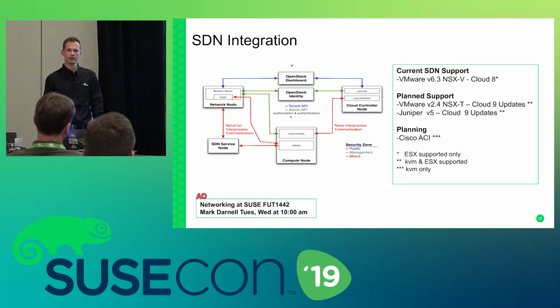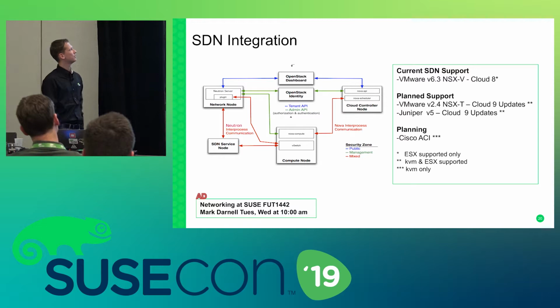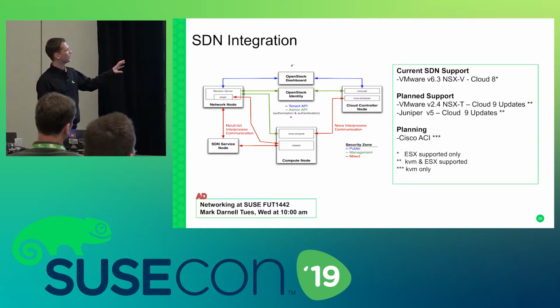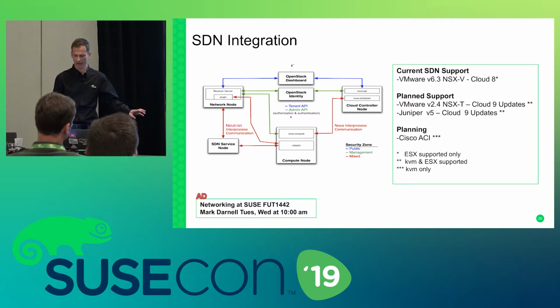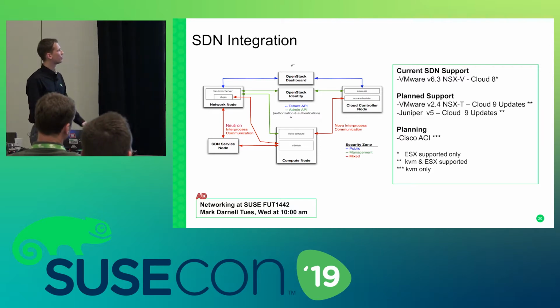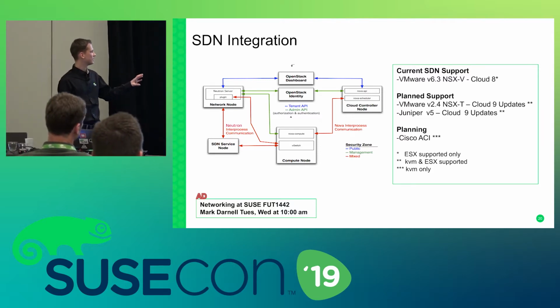Another very interesting topic is SDN integrations. In SDN, you have a plugin to the Neutron server. Right now in Cloud 8, we already support VMware NSX-V, which is ESX only. And for Cloud 9, we're looking into VMware NSX-T and Juniper Contrail, which supports KVM and ESX.